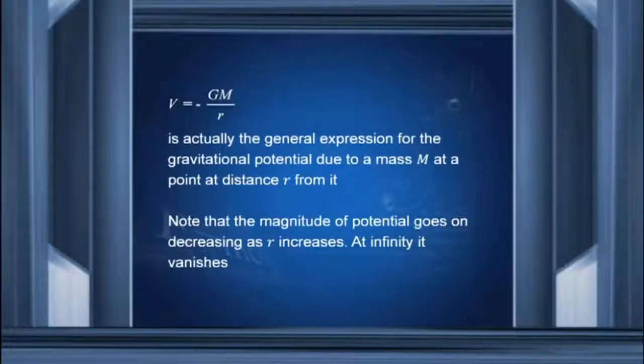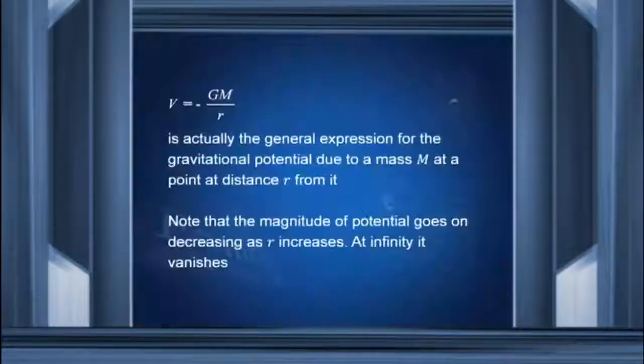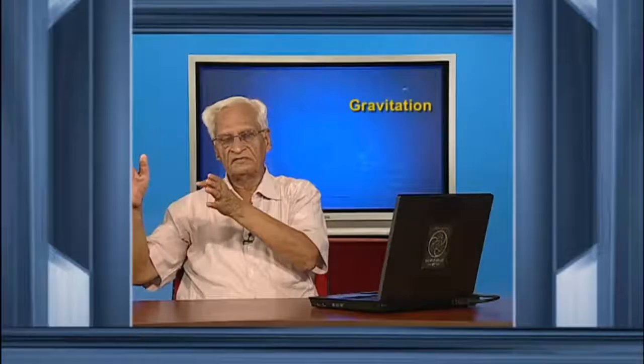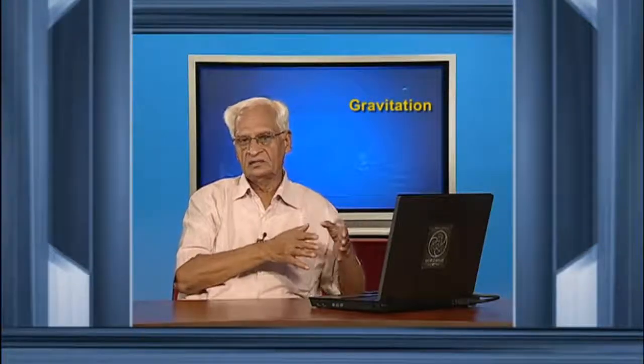This is actually a general expression. If you take any mass M, then at a distance r from it, the potential is minus GM by r. And you see, we are moving a particle from infinity, where the gravitational force is 0, to a point near the earth.